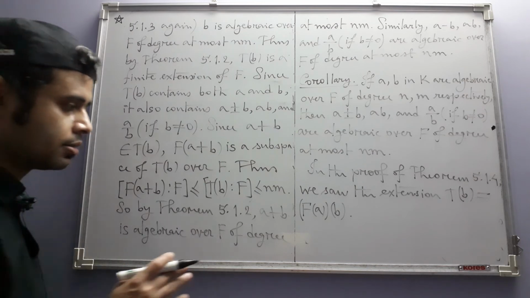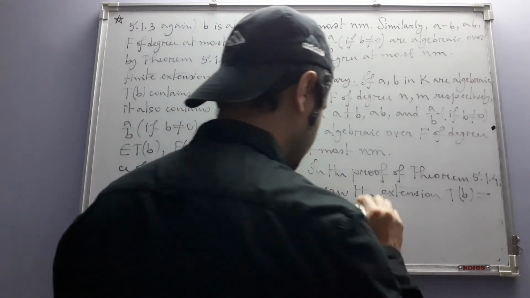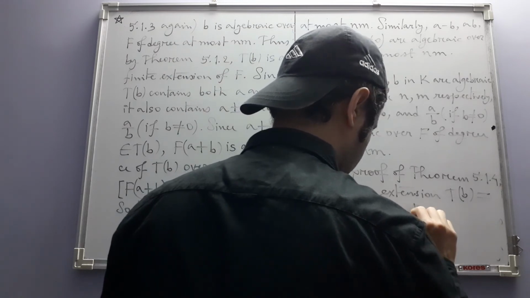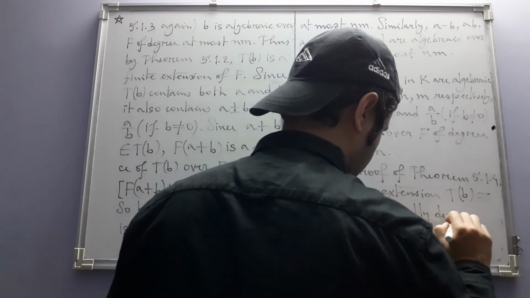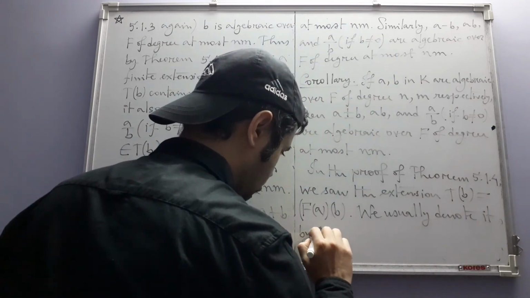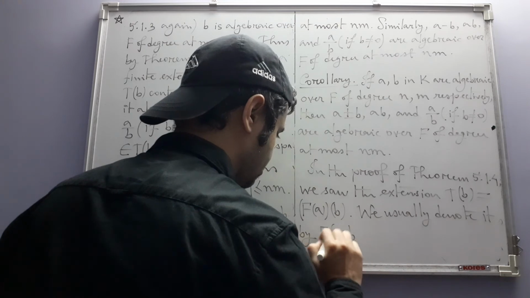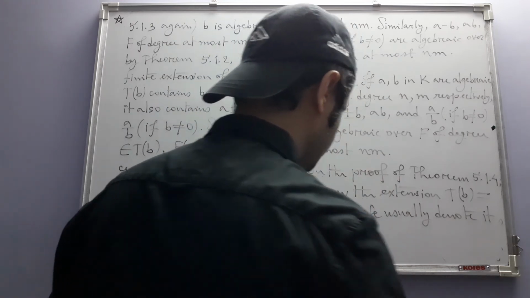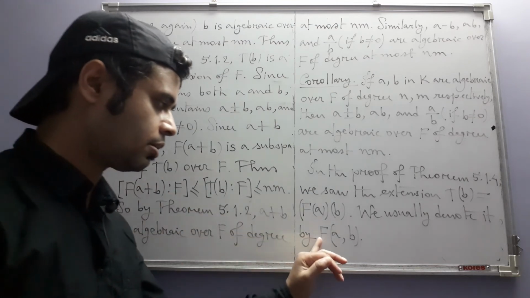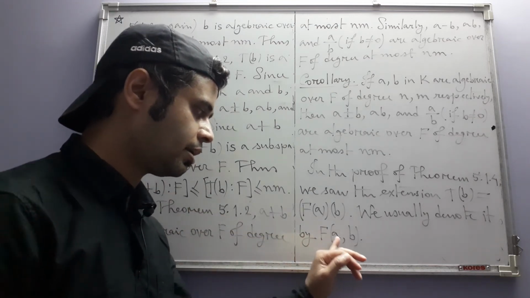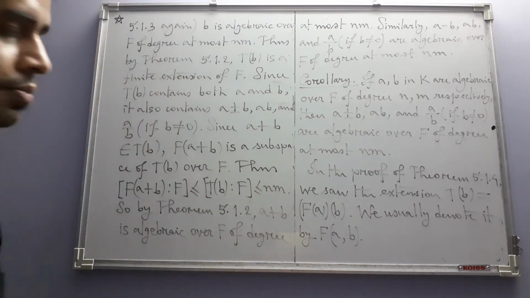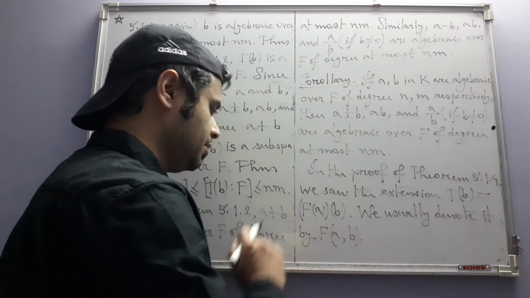We usually denote it by a notation like this, F(A, B). So first we extend F to FA, then we extend FA by adjoining B to get FA(B).